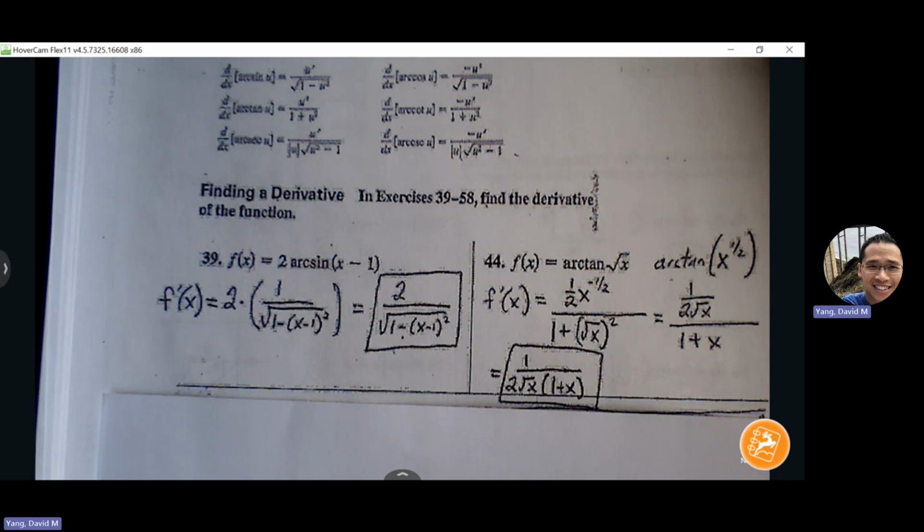If you don't reduce your answer, it's fine. Also, once it's u squared, it means the entire u function remains. That's right. The entire u expression is squared. Some students were asking, can I resolve this? You could, but just don't do it the wrong way. You've got to flow this out. I can't just say x squared minus 1 squared.